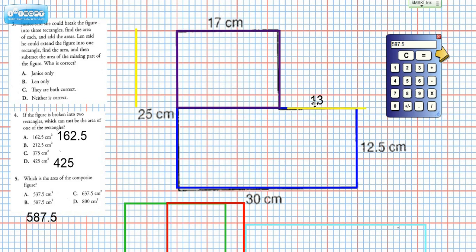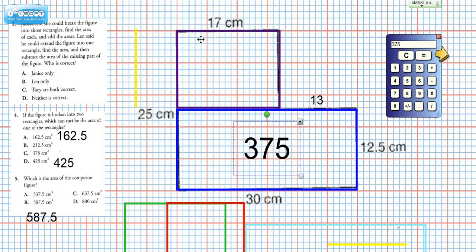Let's explore what the area would be for this figure. All right, so if we start with the blue rectangle, base times height, that's 30 times 12.5. And we get 375 for the area of the blue figure. Let's make that bigger so we can see it. All right, now here we'd have to infer the length of that line. Now here's what we know. We know that this line is 12.5. So 12.5 plus something has to equal 25.